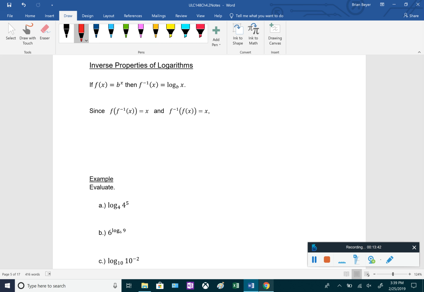So what this means is that b raised up to the log base b of x just equals x. And log base b of the exponential b to the x also equals x. So those are the inverse properties of the logs.